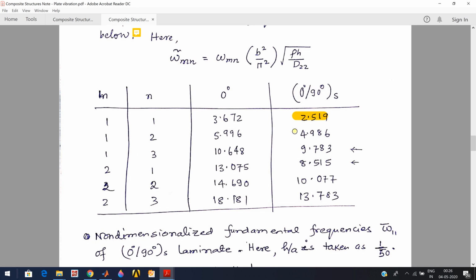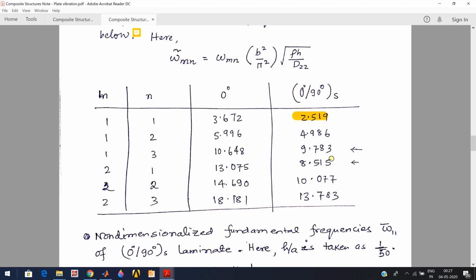But to report the frequency results for 0/90 degree in the same table, the frequencies for these two cases are reported in a different way. It should have been, this one should have been the third one, which is 8.515, and the third one should have been fourth.